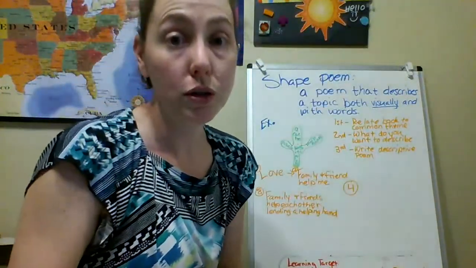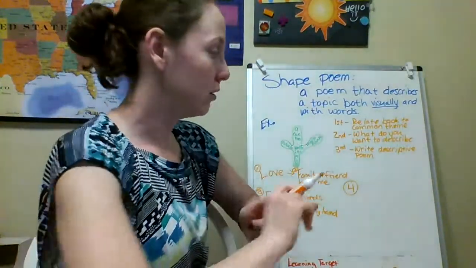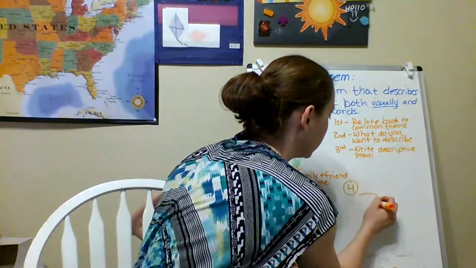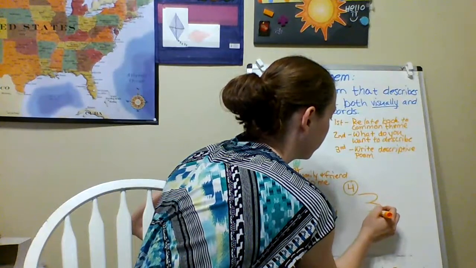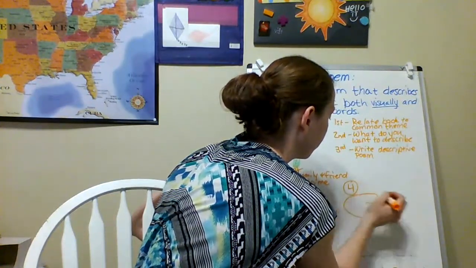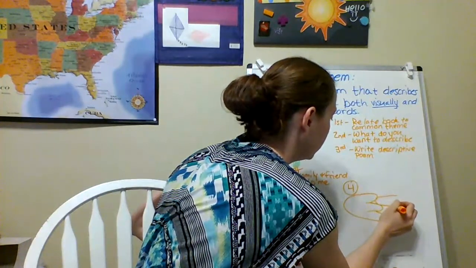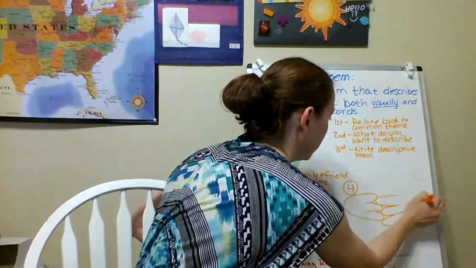Please make sure you use pencil, because then you're going to be able to erase around it, okay? So I am going to draw these helping hands, okay? There's a helping hand, there's a helping hand, and there's a helping hand.